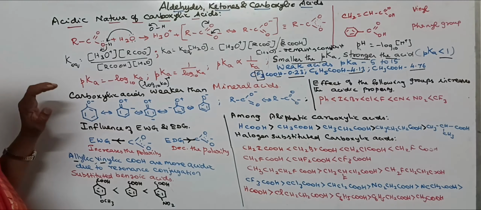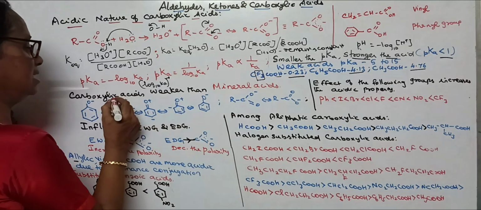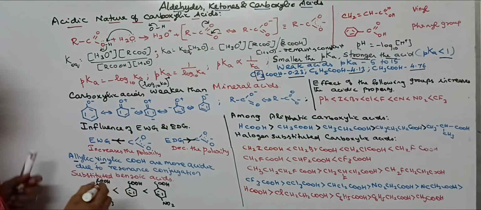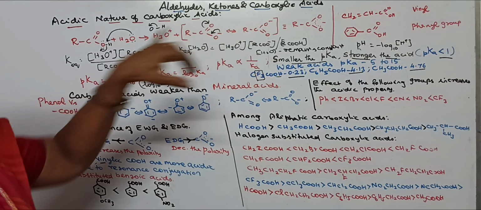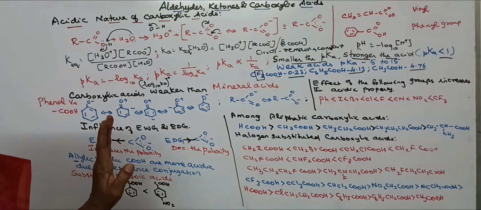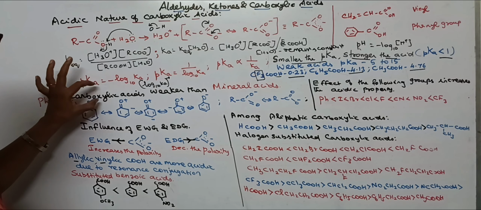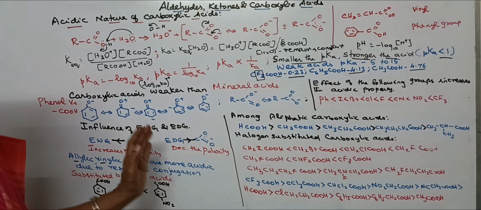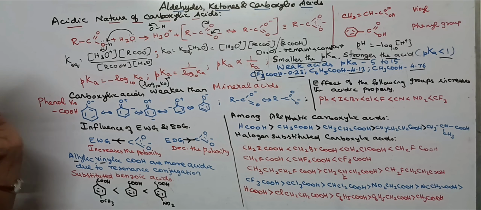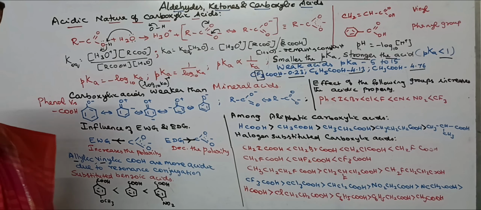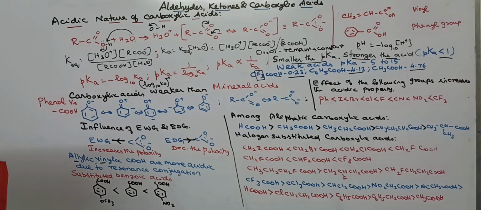Now let us compare the acidic nature of carboxylic acids with phenol. I said already that mineral acids are much stronger than carboxylic acids. At the same time, when we compare the acidic nature of carboxylic acids with alcohols, it is found that alcohols are much weaker acids than water.